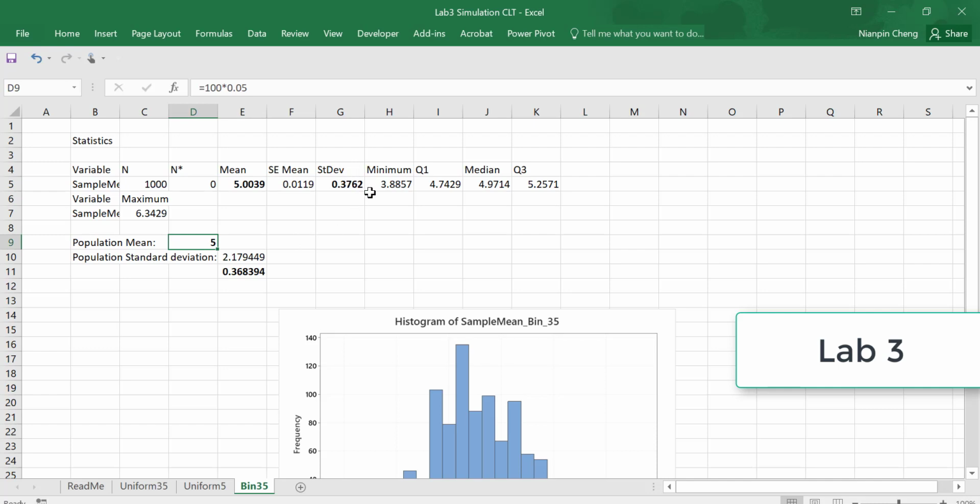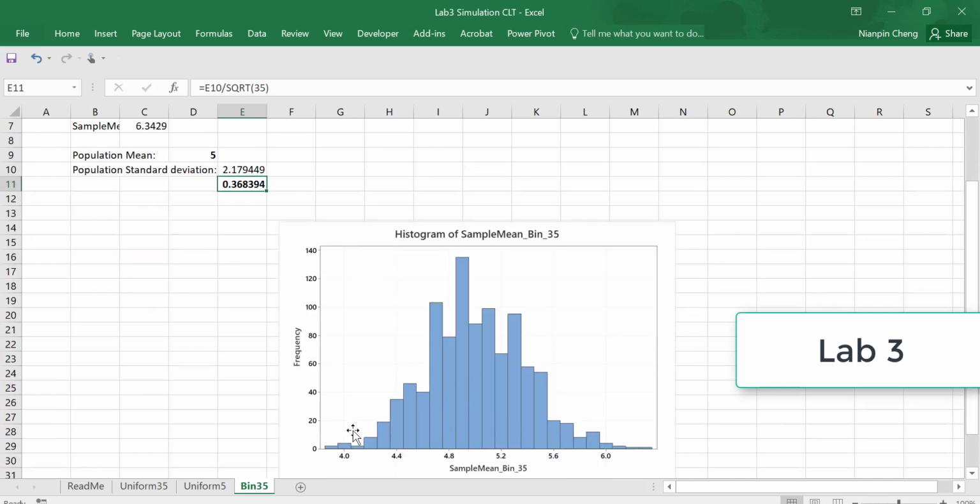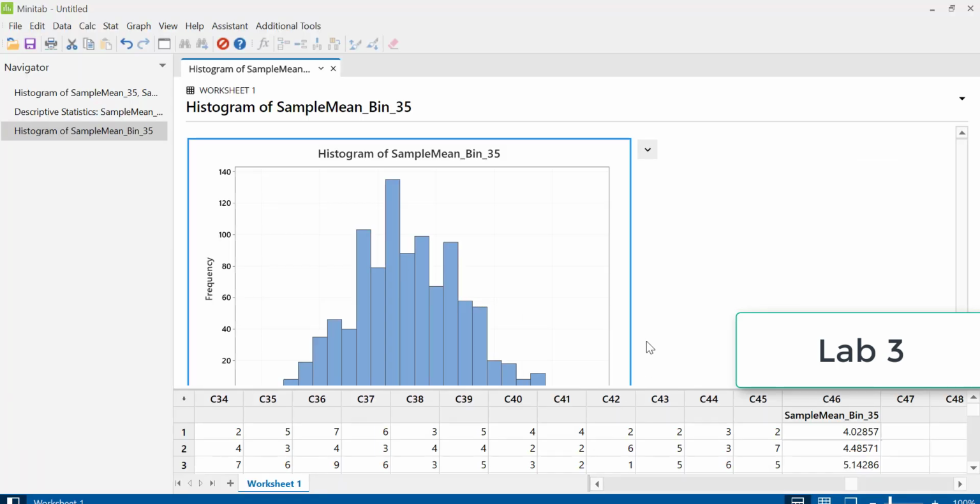The sample means' standard deviation equals the population standard deviation divided by the square root of n. And the general shape: if we have more experiments instead of 1,000, it will have a better shape and should follow the normal distribution. So we can try.